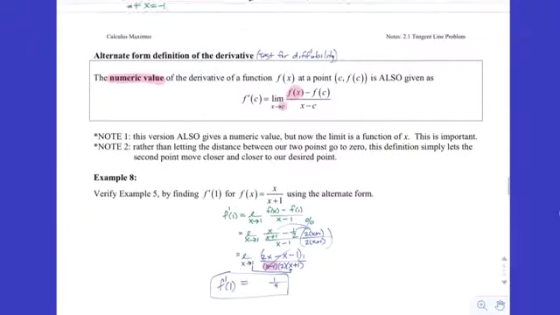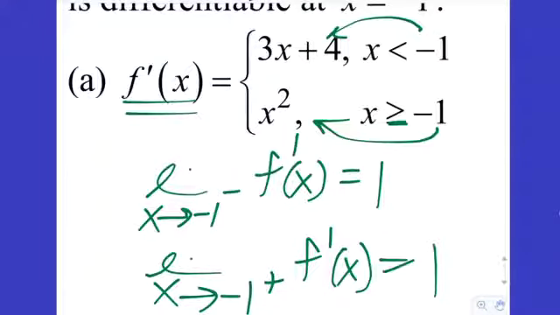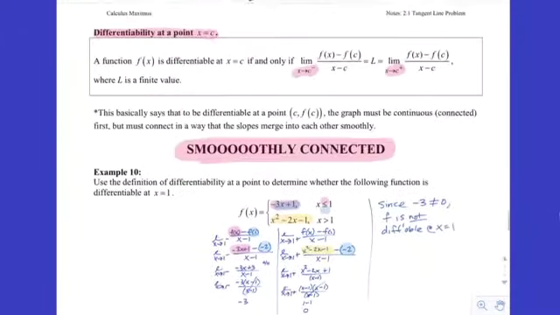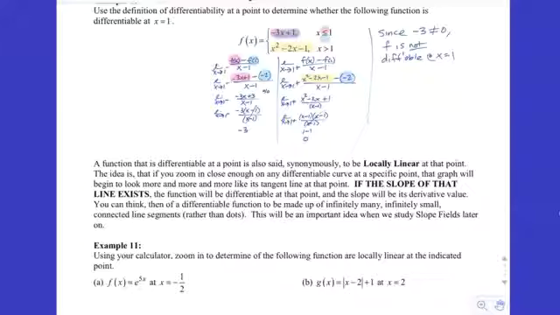And then it's going to turn into a question like question 7 was. Now we'll take the limit from the left and right of f prime to test the slopes. So if the y values were the same and now the slopes were the same, now it will be differentiable. That's how we're going to do it in the future. But the alternate form is kind of like an old method that still works. It's a 2-for-1 method. Okay, so it's kind of nice to have.